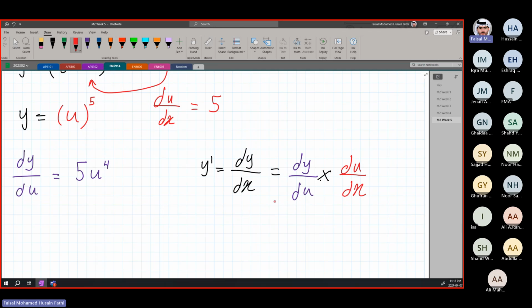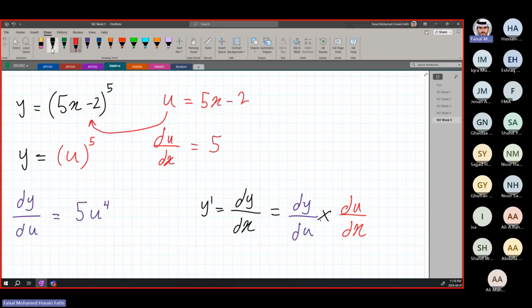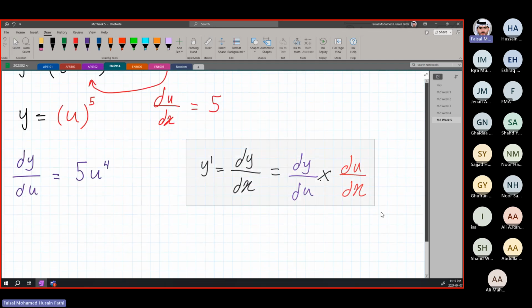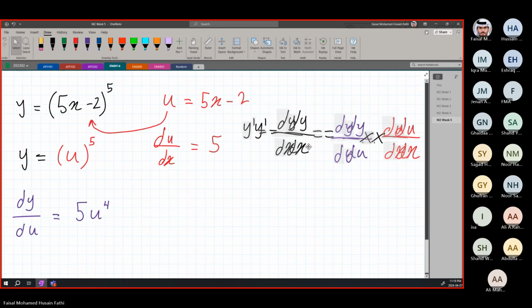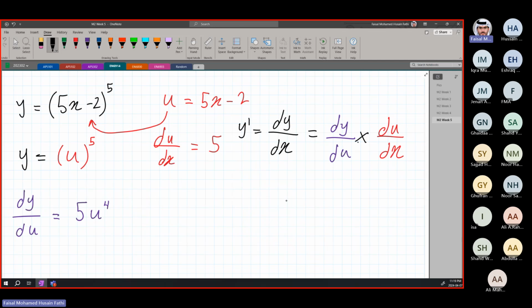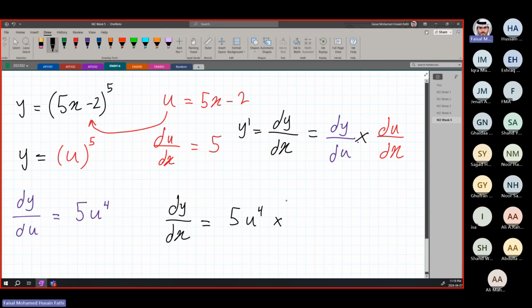And then after you get the answer, you substitute. For example, if we want to solve the question for y, let me put it up here. This is the chain rule. For y, dy by dx equals dy by du, which is 5u to the power of 4, times du by dx, which is 5.